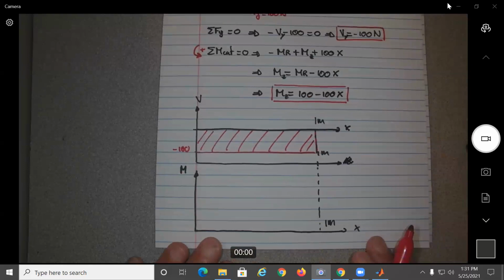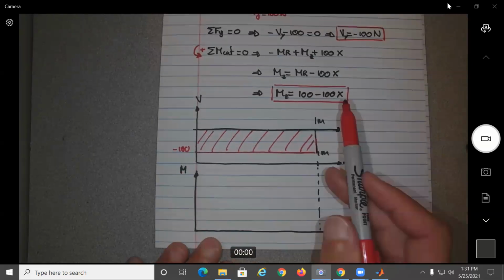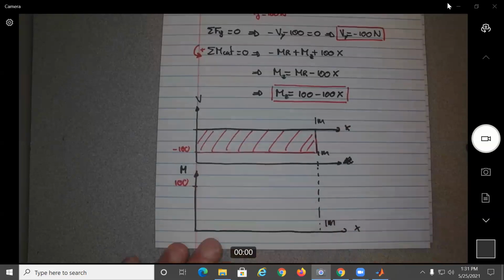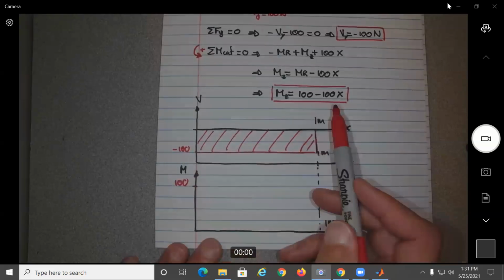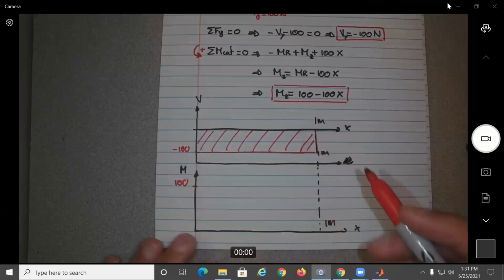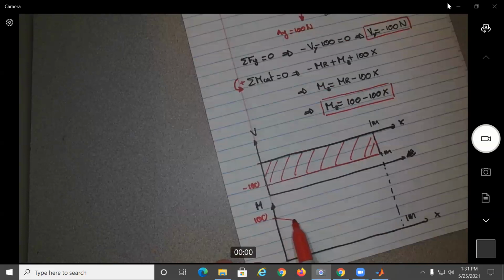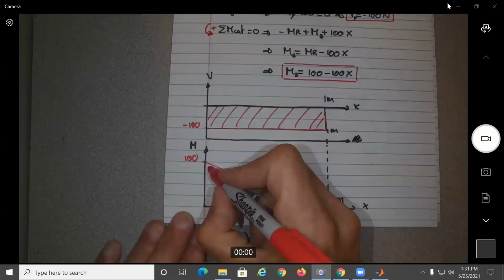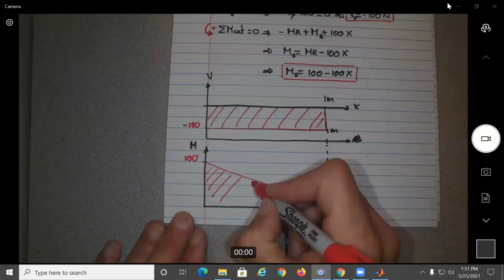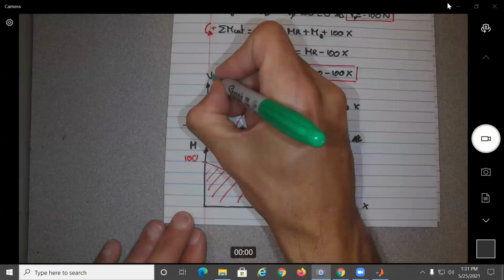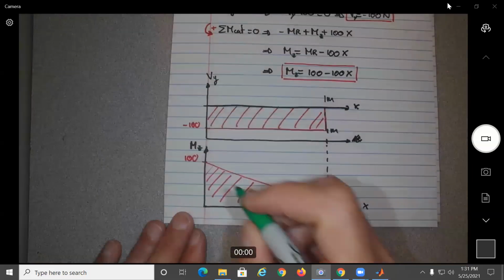Now, if we plot the moment, what should be the moment at x equals 0? It would be 100. This is the equation of a linear function, of a line. What would be the value at the end? 0. So this is what we have. And again, this is Vy, this is Mz.